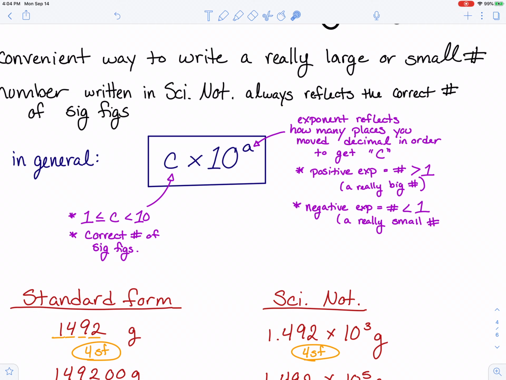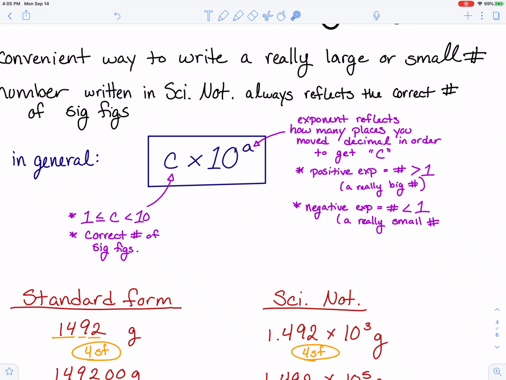And then we write our value times 10 to the, and the exponent reflects how many times we had to move our decimal in order to get to our value c. A positive exponent represents a very large number, and I'm going to show you that in a second. An exponent greater than 1 means that we must have a number that is times 100 or 1,000 or 1,000,000.